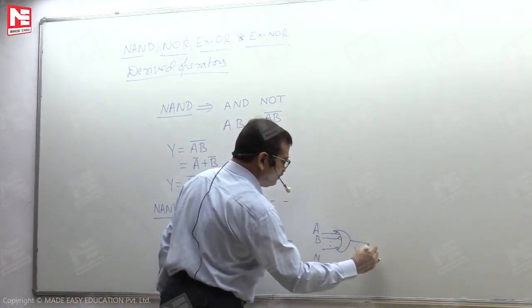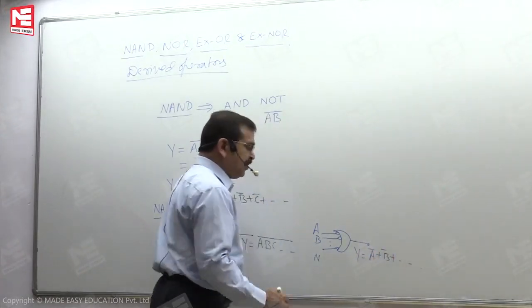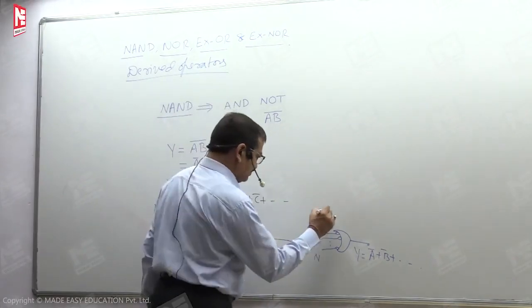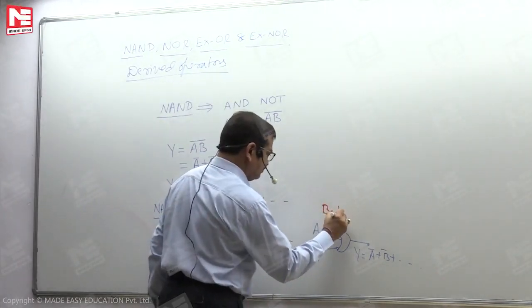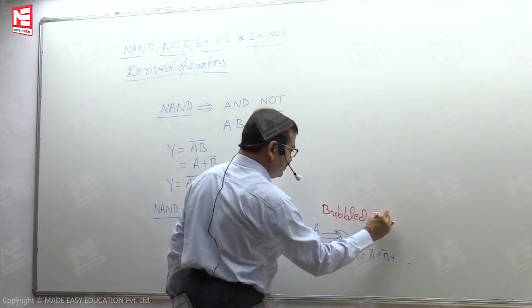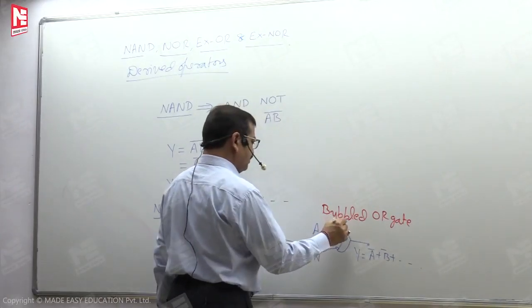An OR gate with inverted inputs must be named as a bubbled OR gate.